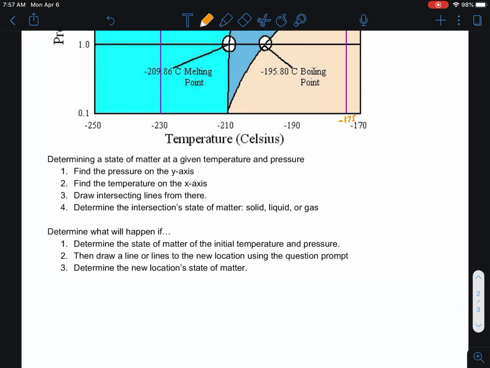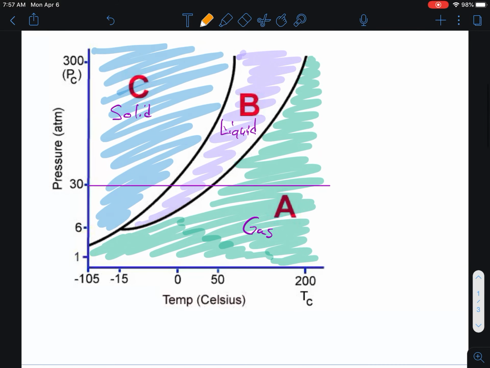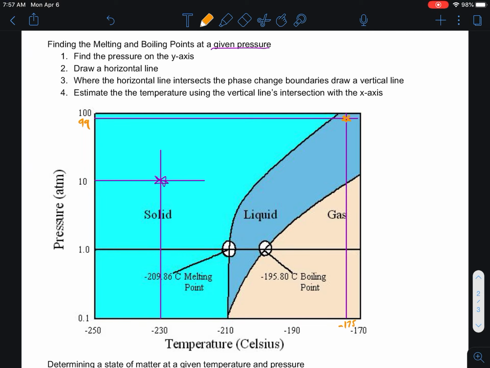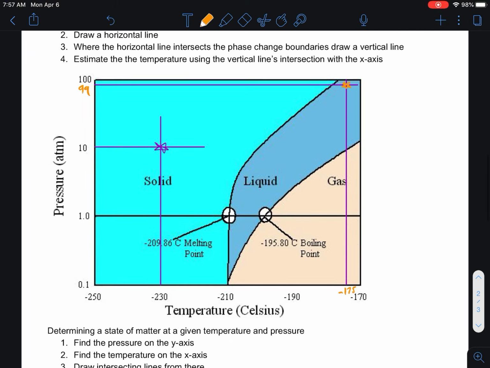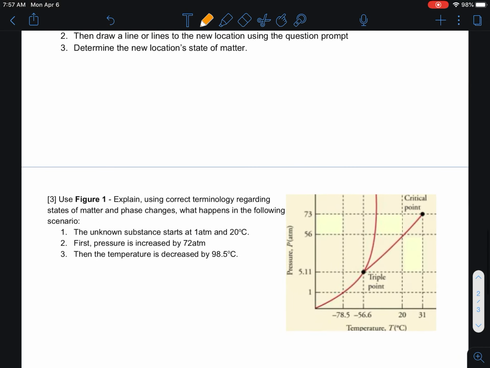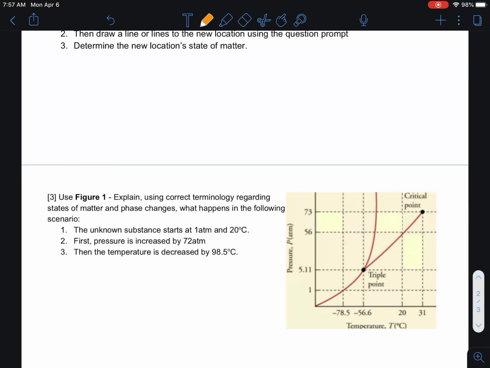Last thing you can do from this, determine what would happen if. So now you're merging these ideas together. Knowing when boiling, melting, freezing, condensing, or even sublimation or deposition would occur, then you can tell this story.